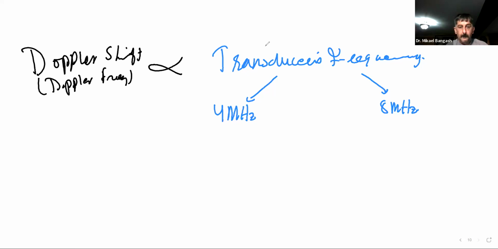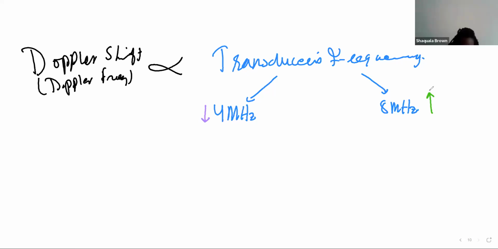This one here is the transducer with a low frequency, whereas this one here is the transducer with a great frequency. Right, ladies? Good.